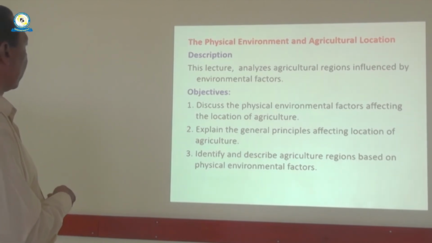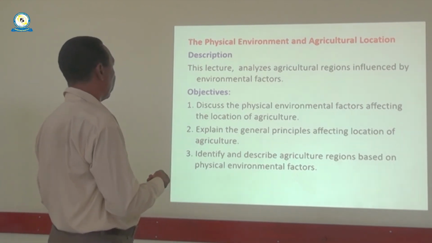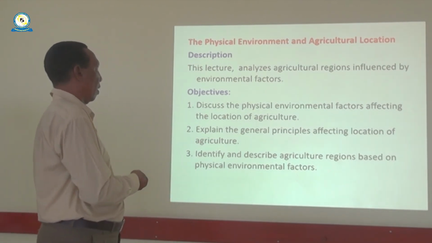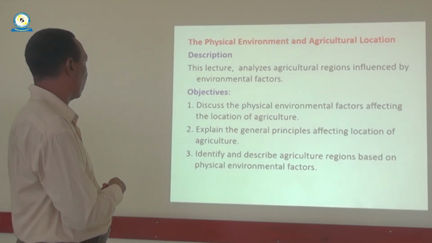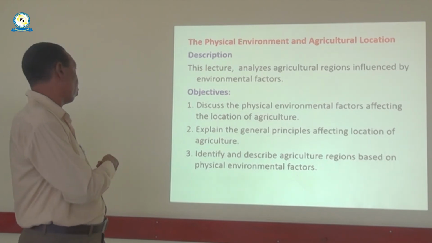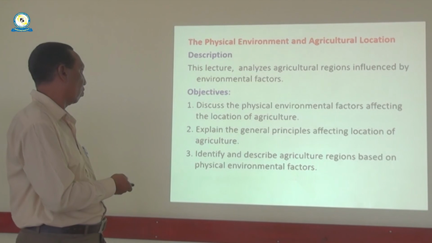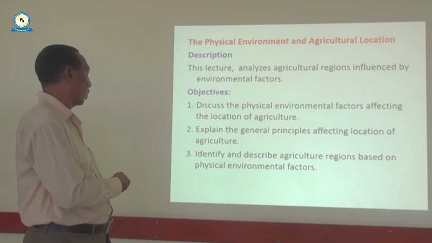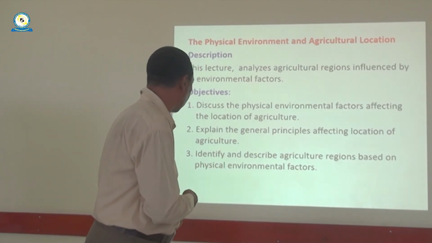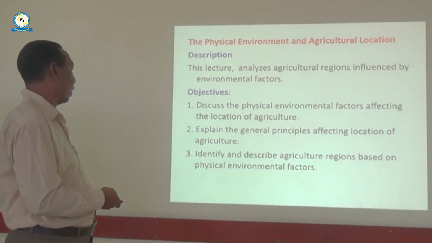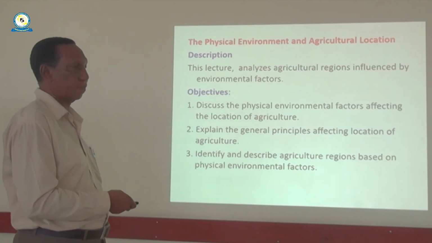So let's go and we shall see which regions are formed by using the physical environmental criteria. In the end you are supposed to discuss the physical environmental factors affecting the location of agriculture, explain the general principles affecting the location of agriculture, and identify and describe agricultural regions based on physical environmental factors.